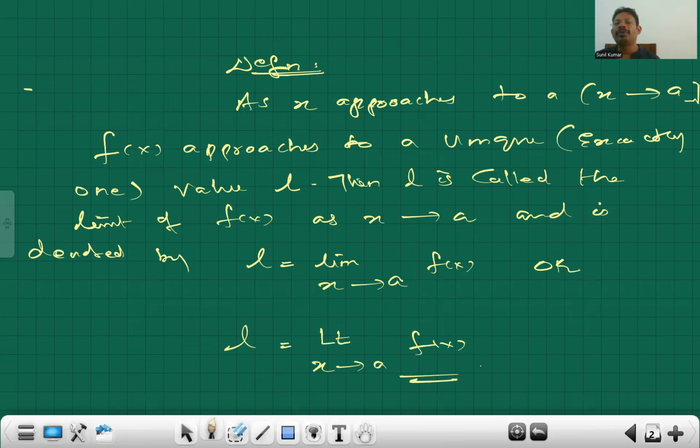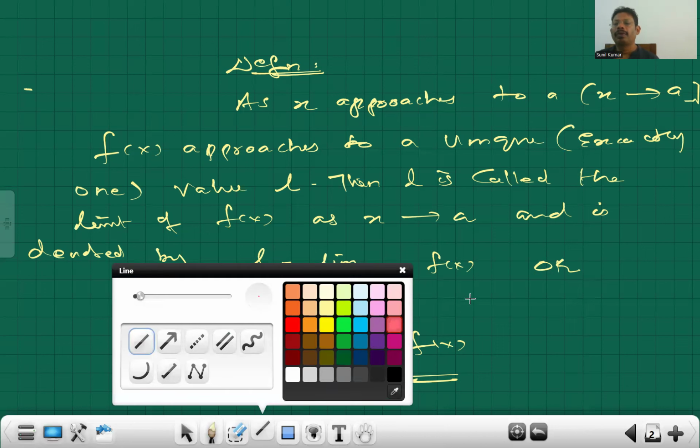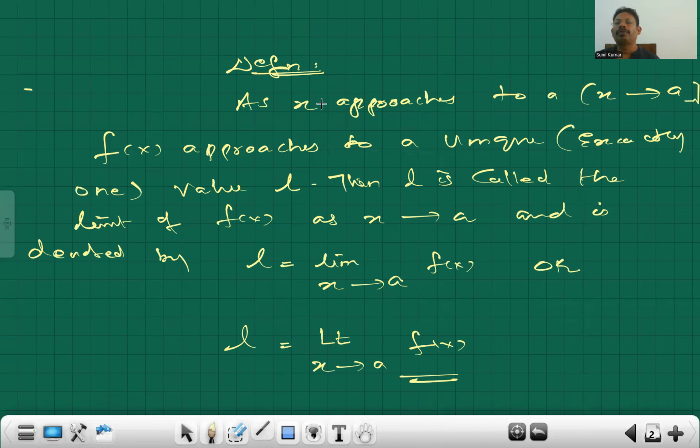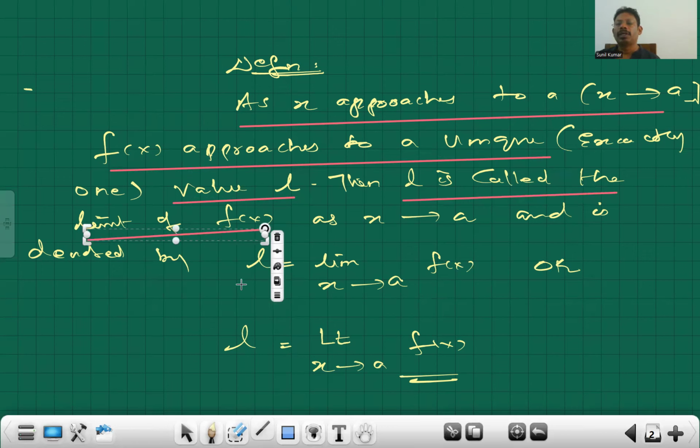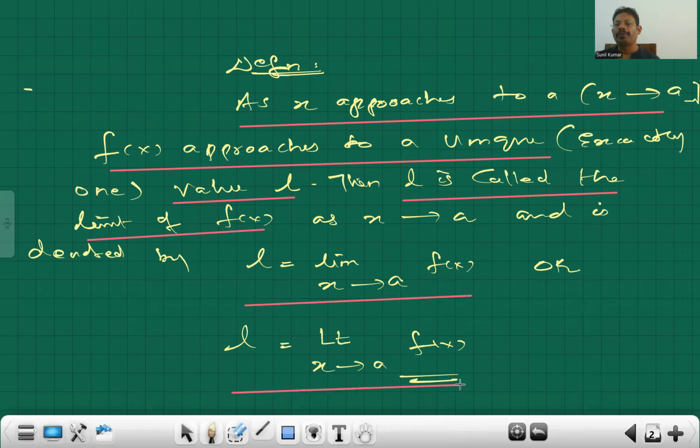This is the basic definition of limit. Whenever x is approaching a, you check if f(x) is approaching a unique value. Unique value means exactly one value is available. Then L is called the limit of f(x) as x approaches a. These are the two notations for limit.